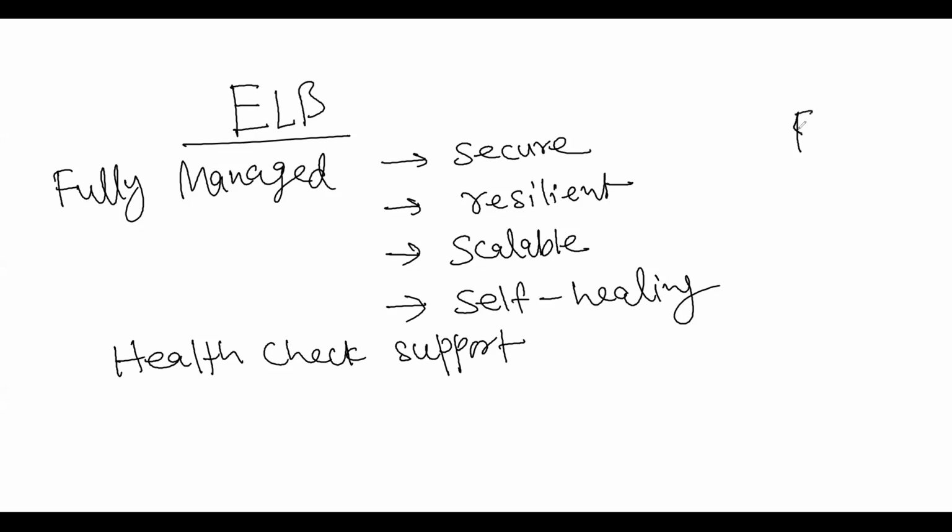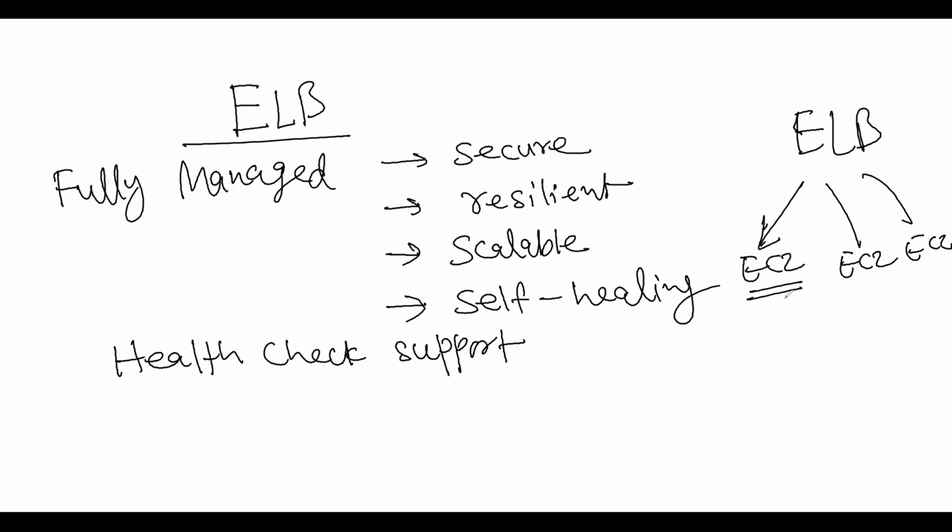You have the ELB and you have EC2 instances. Now it will be checking whether this has some problem or it's working fine. If this has some problem, no request will be sent here. Automatically the request will be routed somewhere else. Getting it? And with the help of another component that we'll be discussing, we can take care of this unhealthy instance.